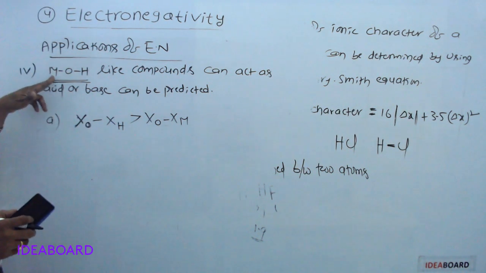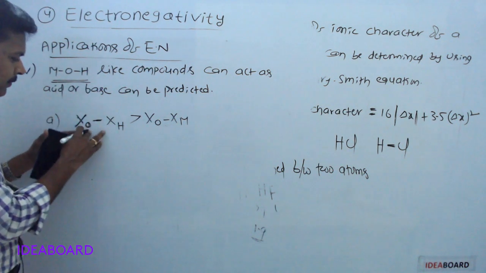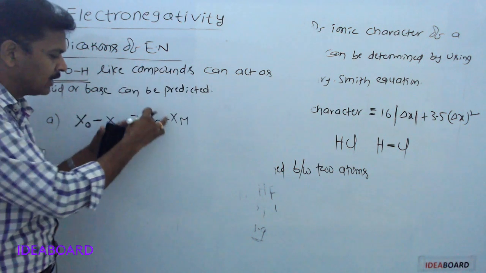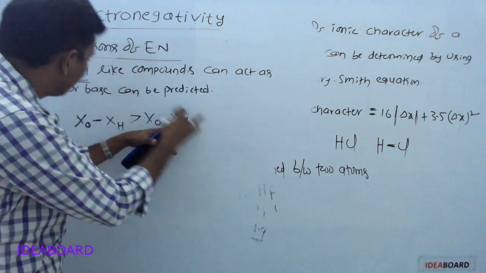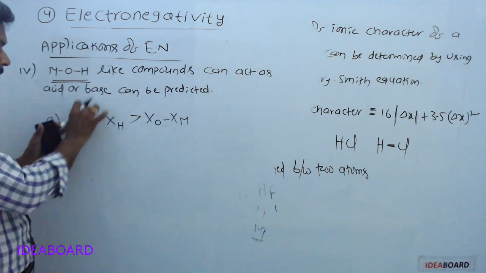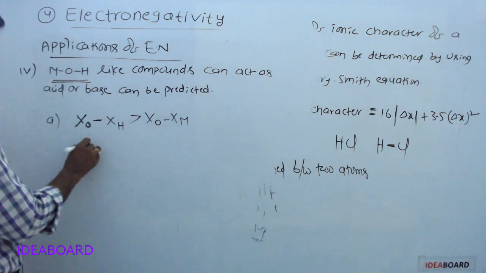Here M is one element, and oxygen and hydrogen are there. If the electronegativity of oxygen minus the electronegativity of hydrogen is greater than the electronegativity of oxygen minus the electronegativity of that element, then it can act as acid. If XO minus XH is greater than XO minus XM, it can act as acid.